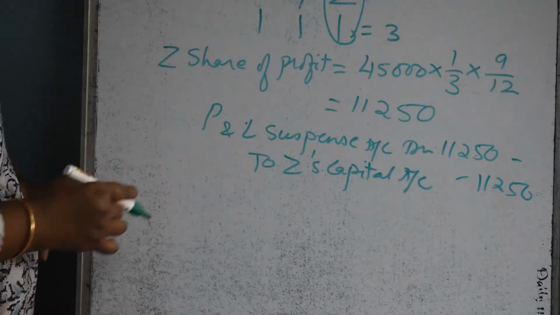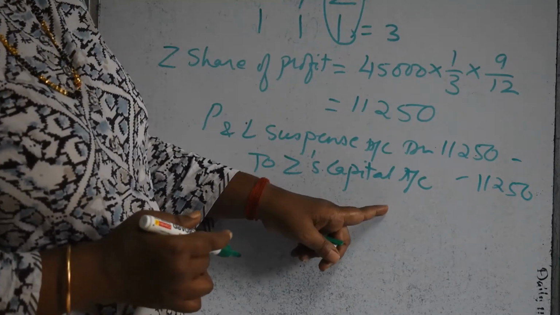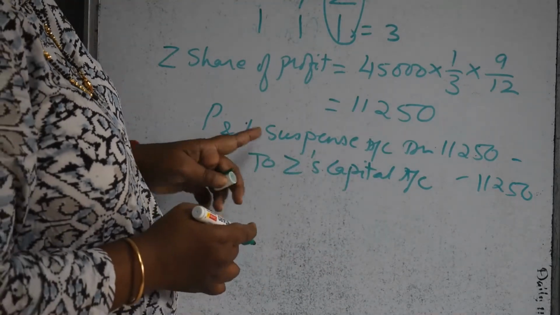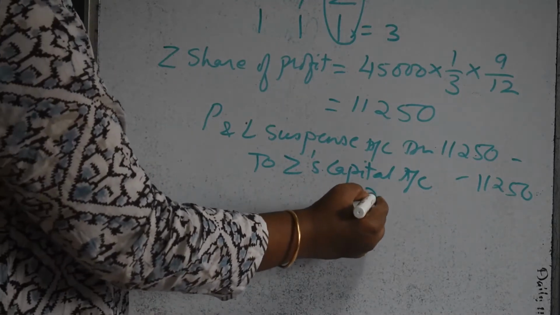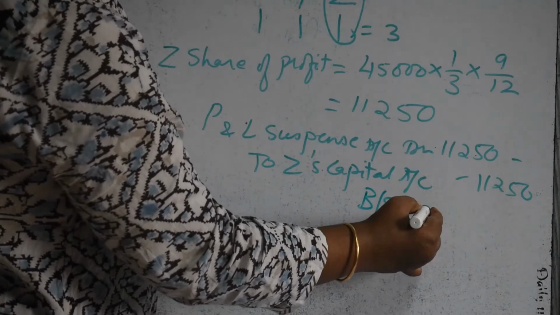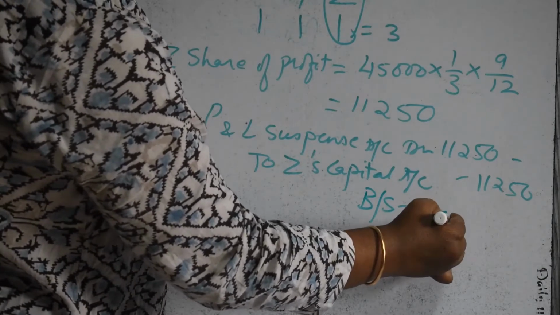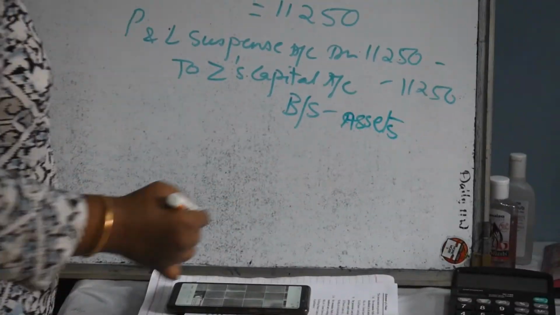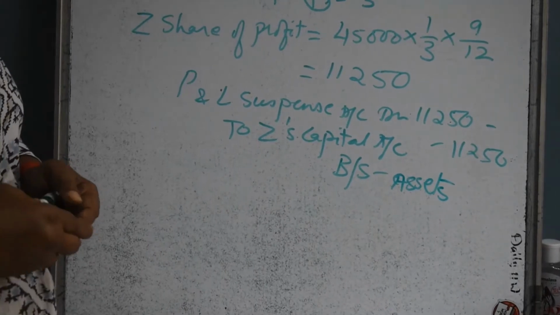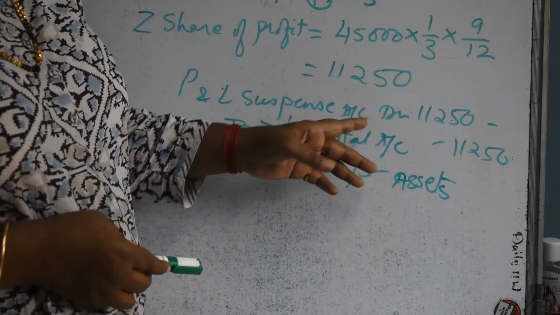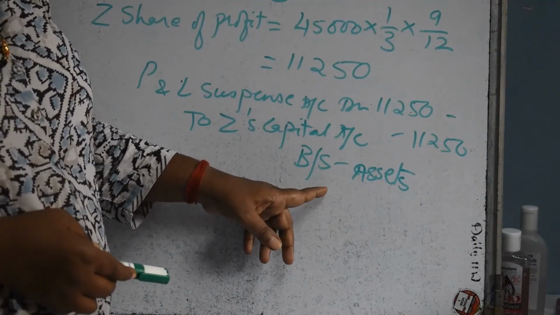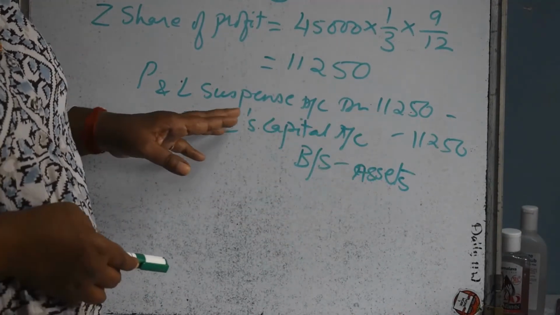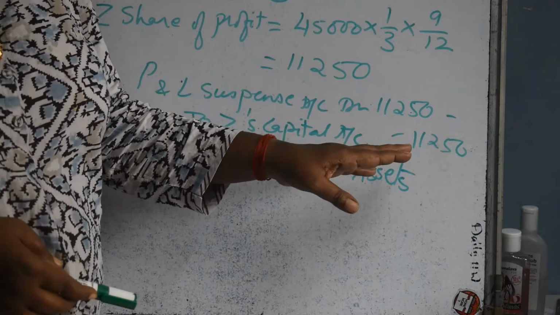One entry will come in partner's capital account credit side, and the second effect will be in the balance sheet on asset side as profit and loss suspense account.